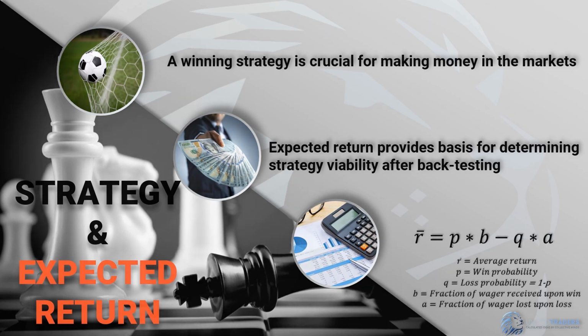Using these stats, we can easily calculate the average return per trade over a series of trades. It is important to note again that there will be a random distribution of individual outcomes. So while your average return may be positive in this formula, there's always the possibility of many losing trades in a row.